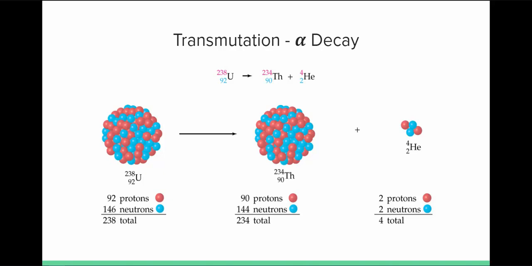So what's 238 minus 4? 234. Boom. Now that by itself is not going to give you the element, but it will tell you how many things are in the nucleus. Then you go, okay, this has 92 protons, and the alpha particle has 2 of them, so it's 92 minus 2. It's 90. If you didn't know what it was, you could look at a periodic table and ask what's 90 on a periodic table? Well, it's thorium. Does that make sense? And that would be the entire problem.